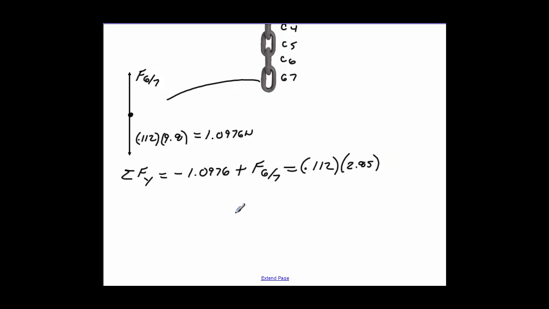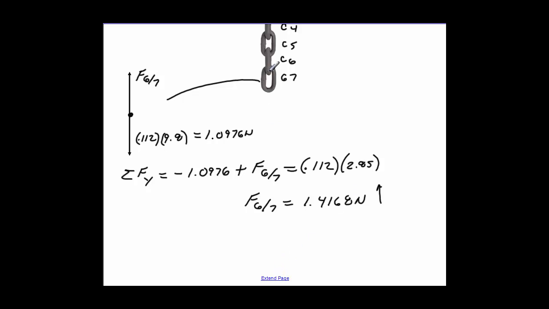Run the math on that, and we get F of 6 onto 7 is equal to 1.4168 newtons. Alright, so it's pushing up.